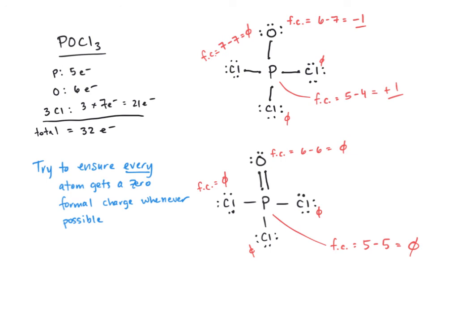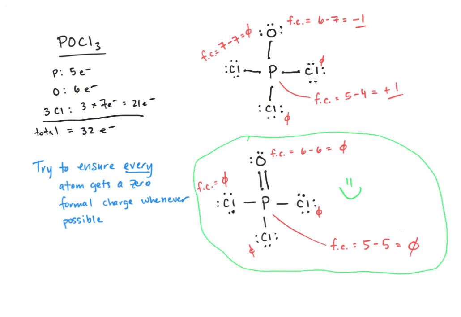With that in mind, the best Lewis structure for phosphoryl chloride is the one on the bottom that has a double bond between our central atom and oxygen up above. This is the true Lewis structure for POCl3, and it's the best Lewis structure because formal charges have been minimized.